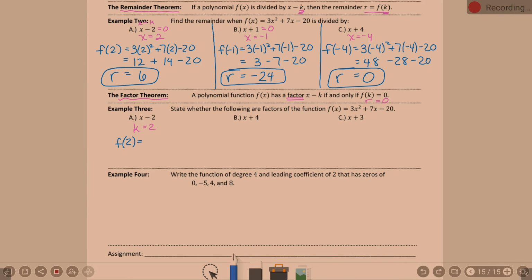Did we do x minus 2 up above? So what was f of 2 from up above? 6, yes? So that means my remainder is 6. What does that tell me? Okay. 6 does not equal 0, in case you weren't aware. And so x minus 2 is not a factor.